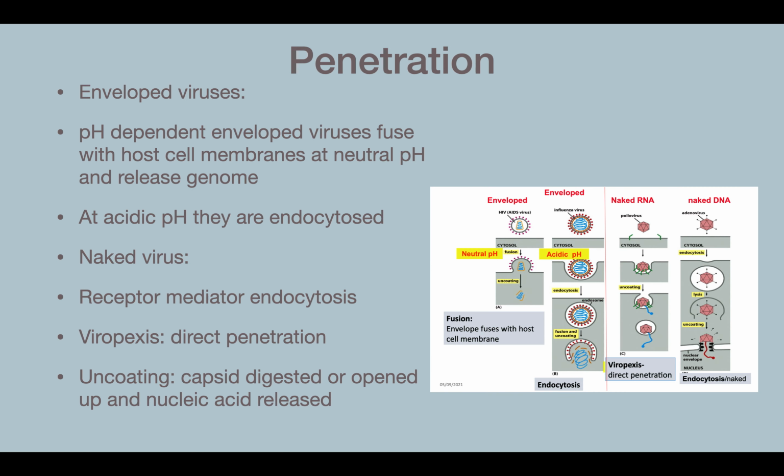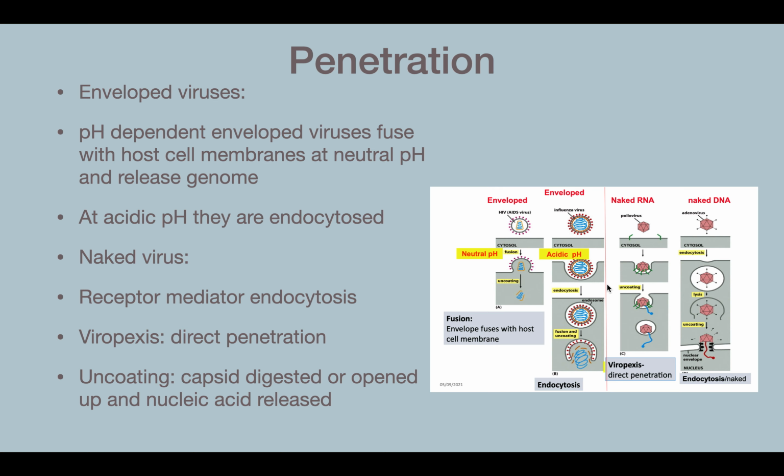Okay, so the enveloped viruses are pH dependent. They are going to fuse with the host membrane at neutral pH, which is unfortunately blood pH. At acidic pH, they are endocytosed. So if they are in contact with an unhealthy cell, the unhealthy cell is going to decrease its pH.